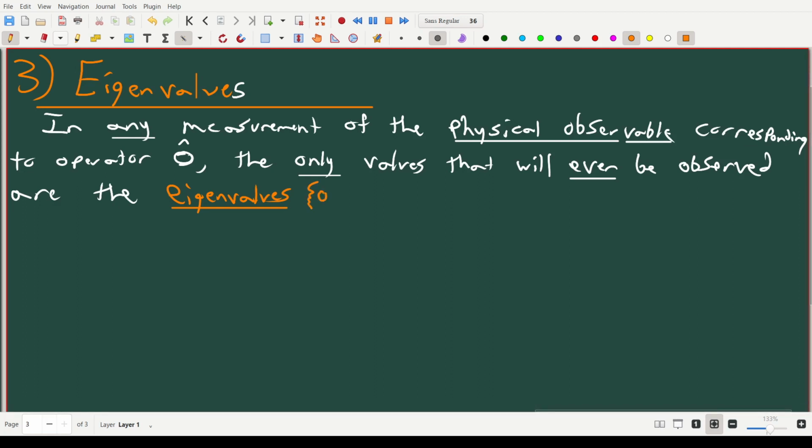And there are a set of numbers which we'll call A sub n that satisfy the following equation.